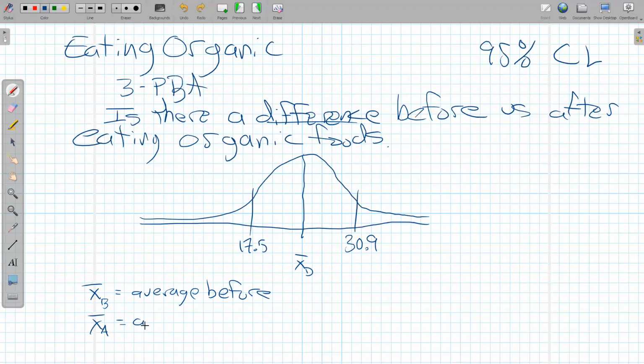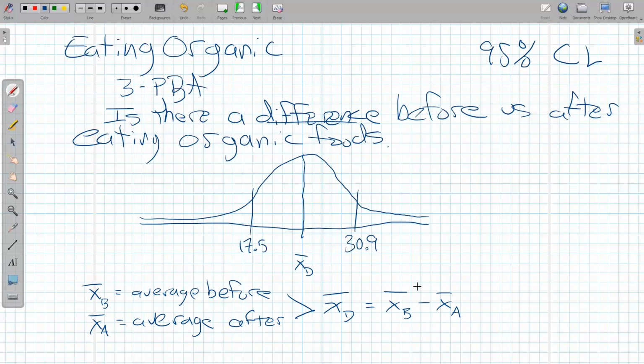Trying to define my variables so I know what we're talking about. And they created, based on those two, a new third variable, the difference of the averages, which was the average before minus the average after eating organics.